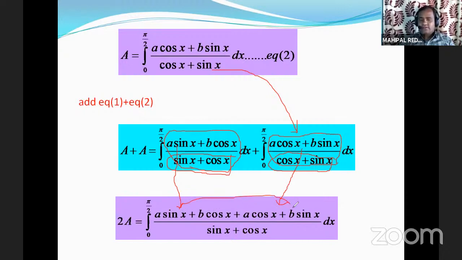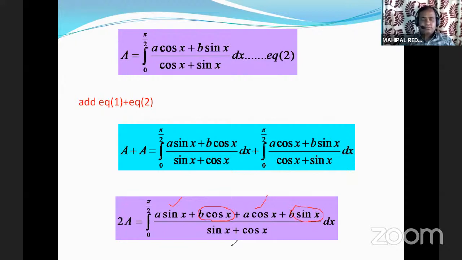Now in the a terms, a sin x and a cos x, a is common, and the remaining b cos x and b sin x, I will take b as common. Okay. So what is the next one?